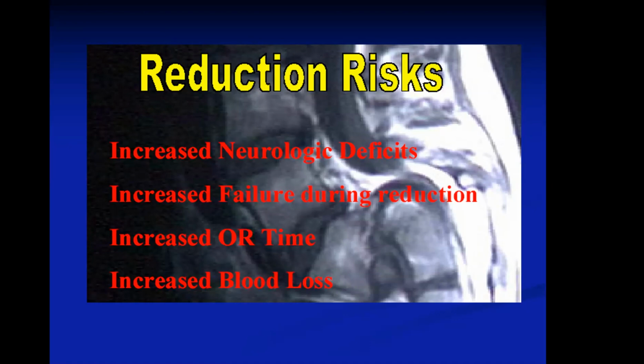So in situ fusion has all the advantages. All the disadvantages of reduction can be negated with in situ fusion, because it is a shorter procedure, hence associated with less blood loss, and because you are not using any powerful mechanisms, there is a lower chance of implant failure and lower chance of neuro deficit, because you are not putting any traction on the nerve root at all. So in a way, in situ fusion has its advantages.